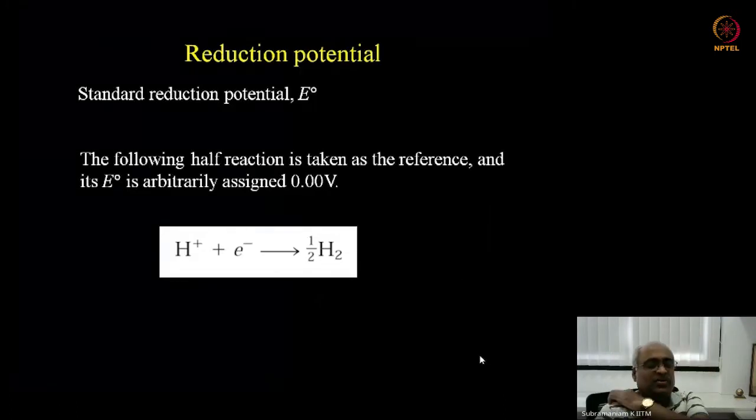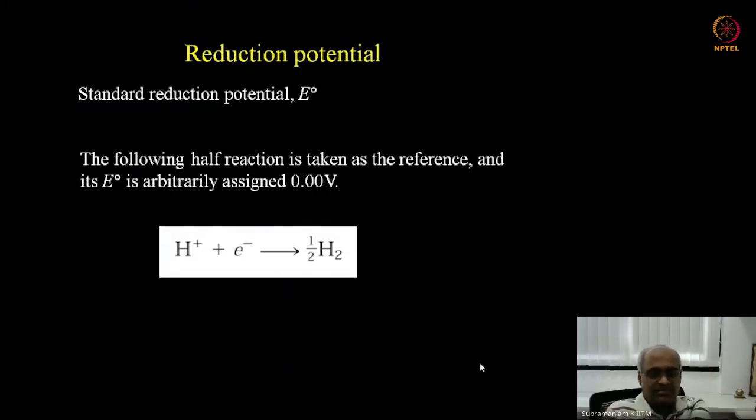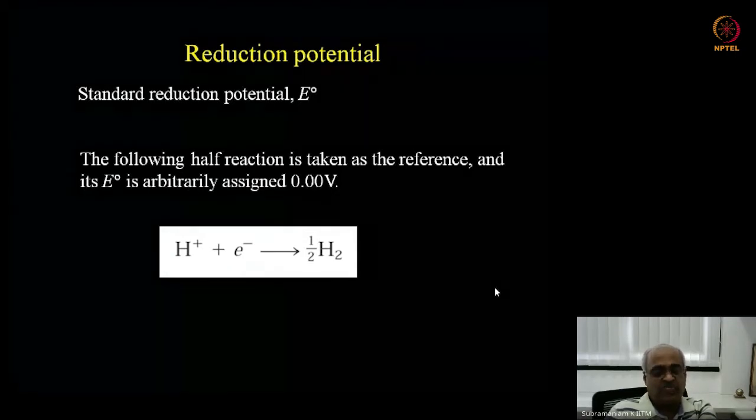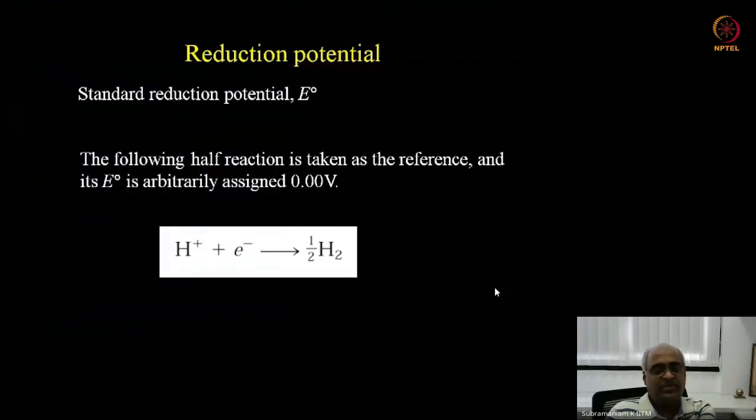Now we are going to talk about a concept called reduction potential. Reduction potential is actually the potential of a molecule to take up or give electrons. It's basically defining affinity for electron in a different way.